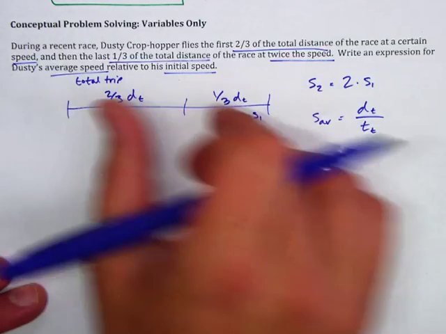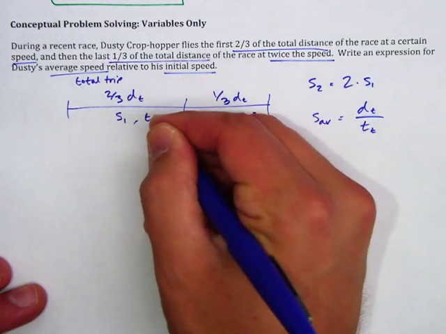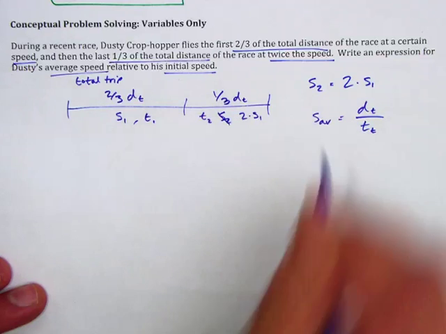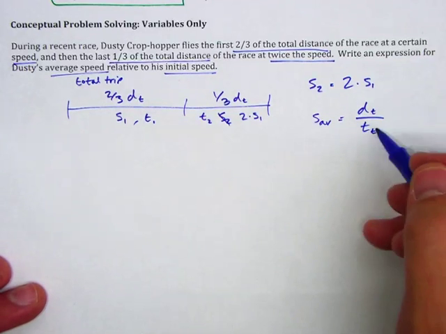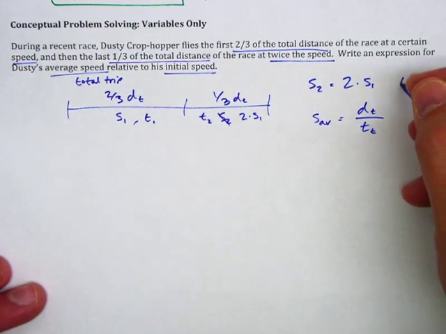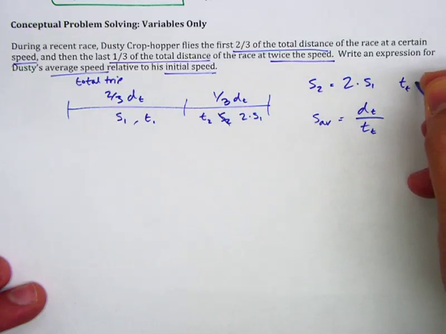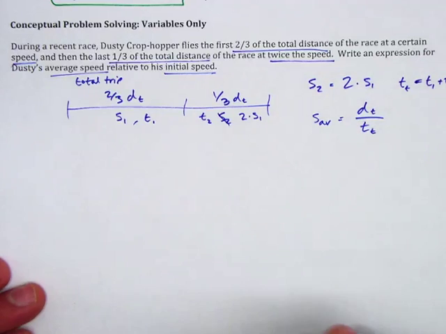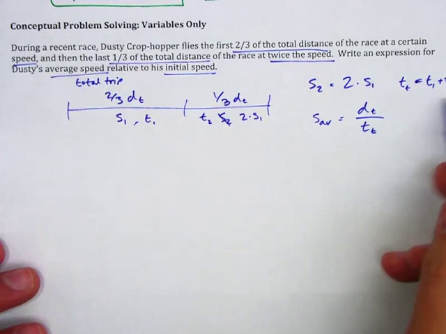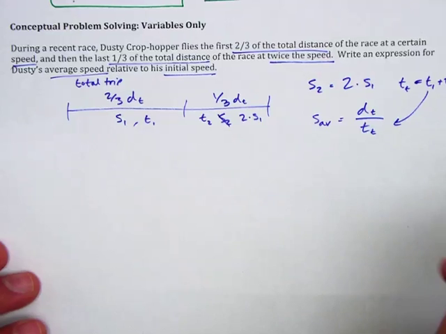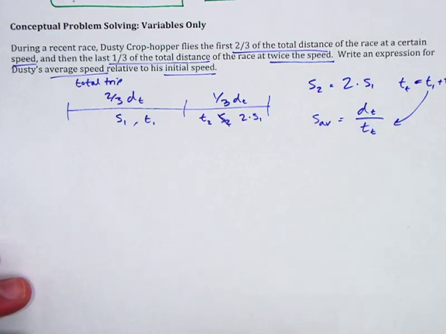So time 1, time 2. Okay? All right, well, what's total time? Well, total time is just going to be equal to my first time plus my second time. So that's another relationship I might use in this formula.